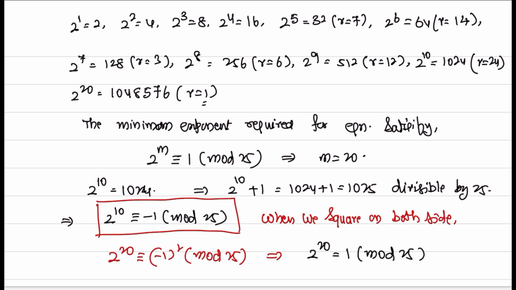From 2 to the power of 10 directly we got the value of 2 to the power of 20.